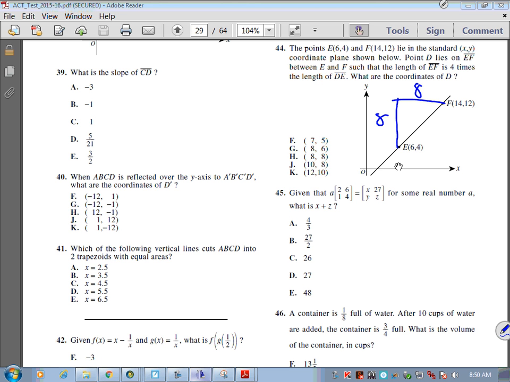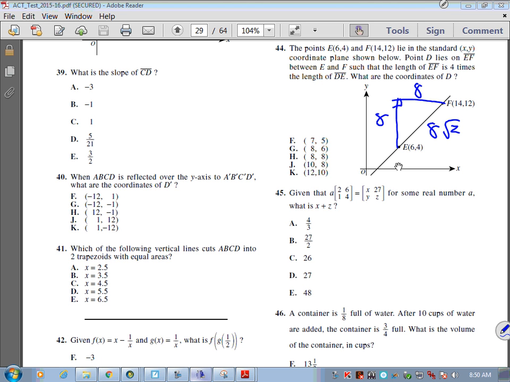Well, that tells me that if this is a right triangle and that's 8 and 8, this must be 8 radical 2. I've just done this long enough that that's what I see. I see an isosceles right triangle, a 45-45-90, which means my ratios are x to x radical 2. Can we all see that now? So if this distance is 8 radical 2, then the distance from E to D is 1/4 of that, right?